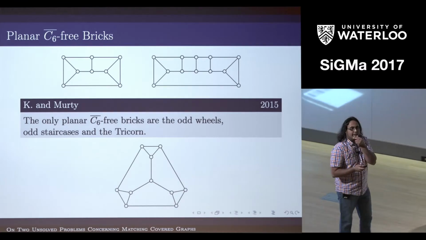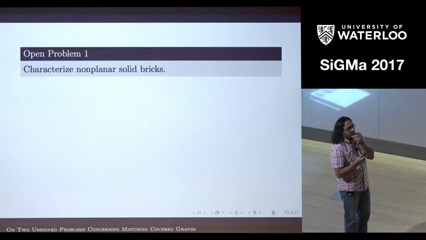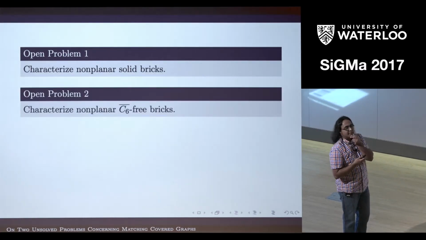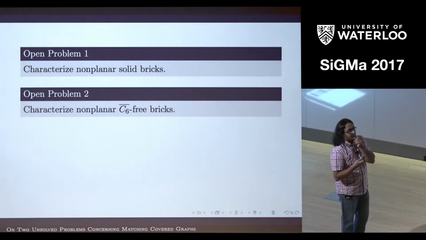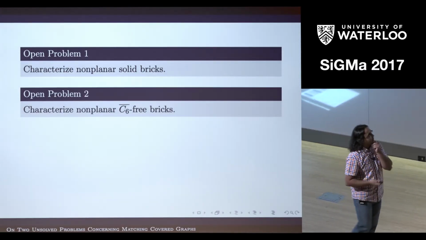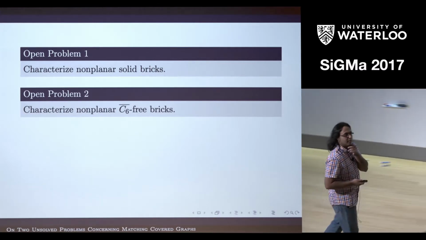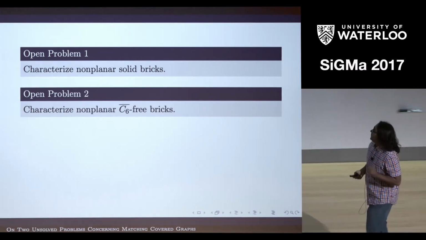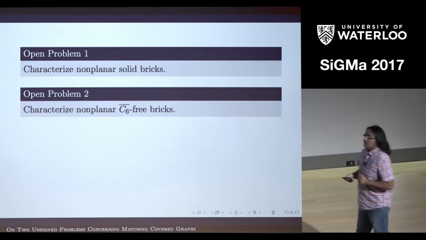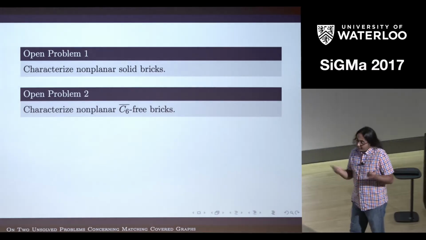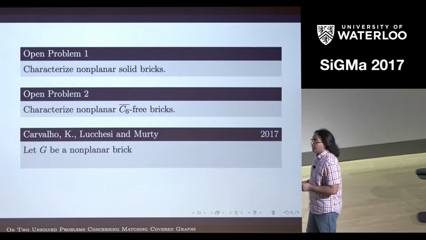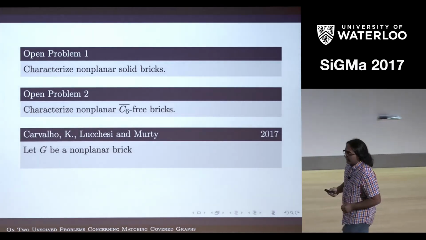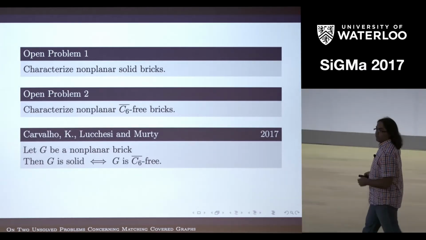So what about the non-planar case, right? For both of these problems, solid bricks and prism-free bricks, we've characterized the planar ones. So the problems that remain to be solved are the non-planar ones. And our main result here is that these problems are essentially equivalent. Well, they are in fact equivalent. What I mean is, let G be a non-planar brick, then it is solid if and only if it is prism-free.